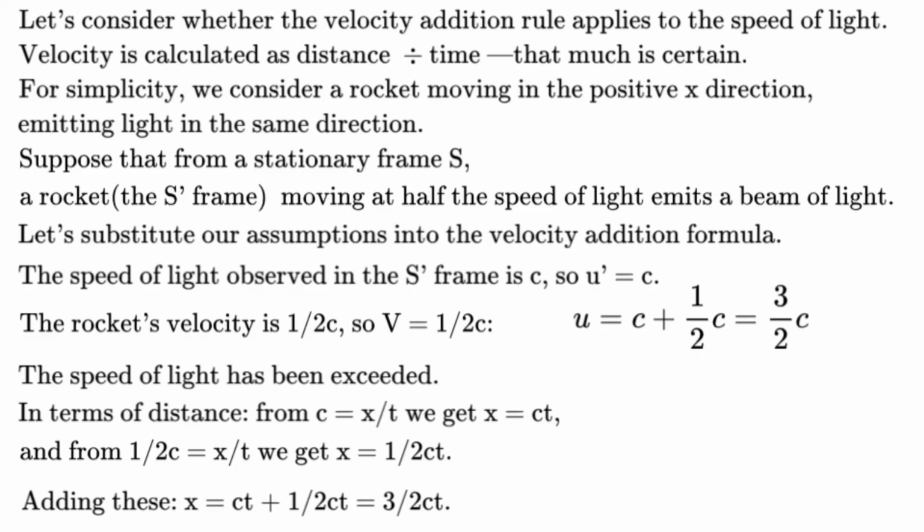The speed of light has been exceeded. In terms of distance, from c equals x over t, we get x equals ct, and from 1/2 c equals x over t, we get x equals 1/2 ct. Adding these, x equals ct plus 1/2 ct equals 3/2 ct.